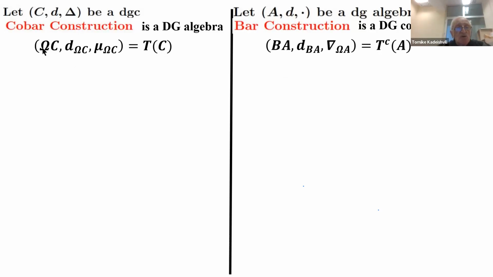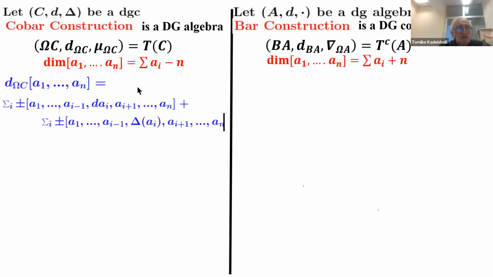Its cobar construction produces the tensor algebra, with the differential in the tensor algebra being D, which travels, and nabla also travels.